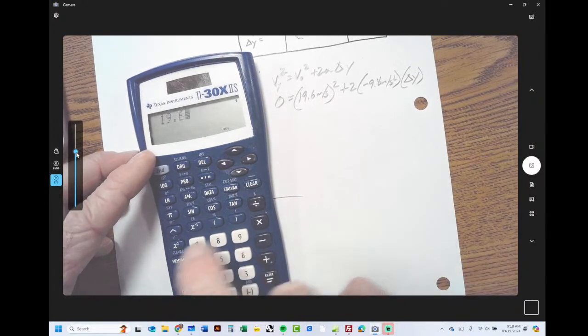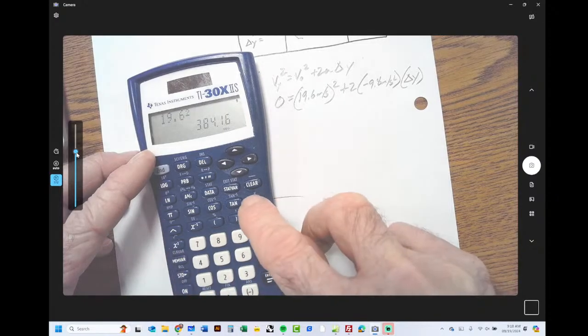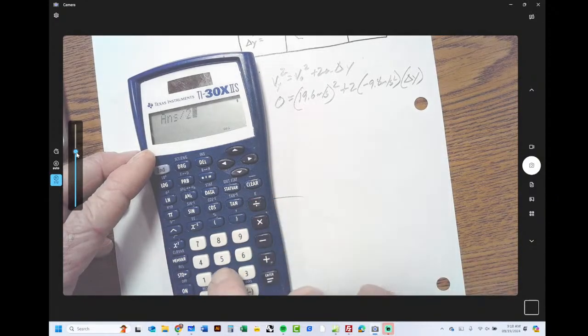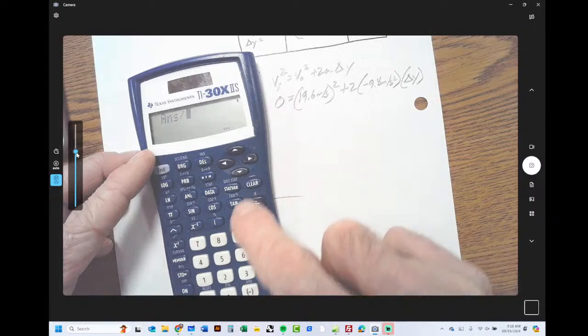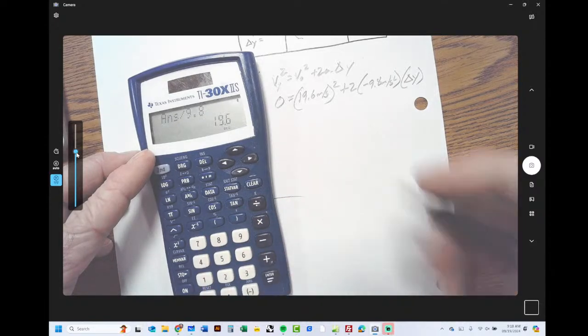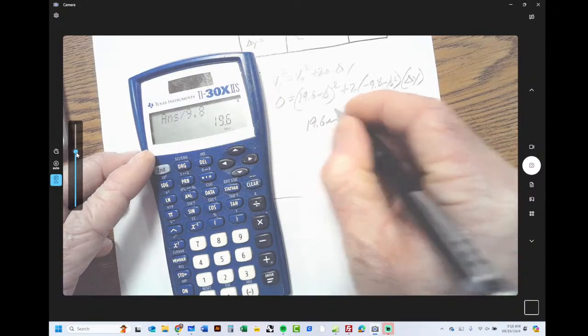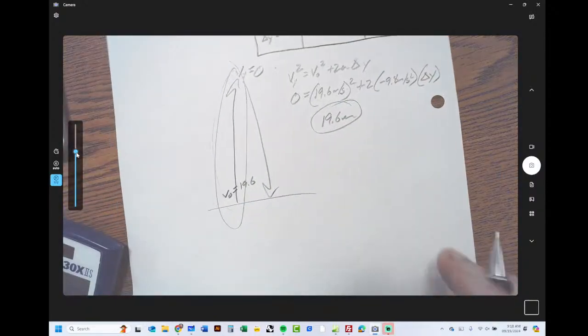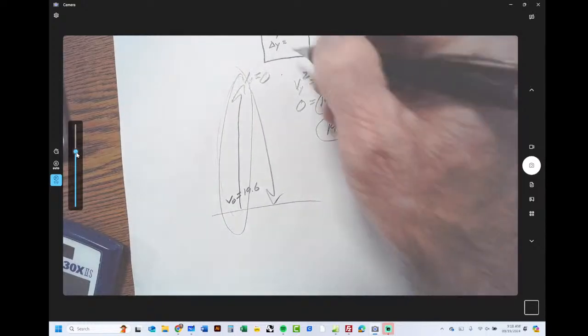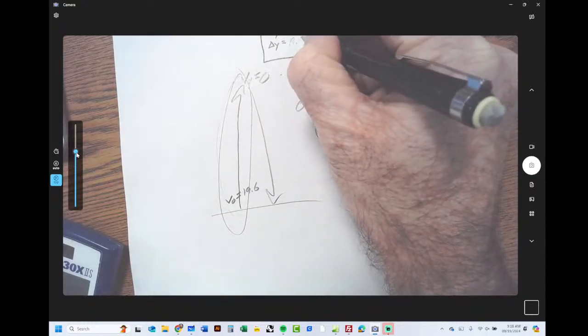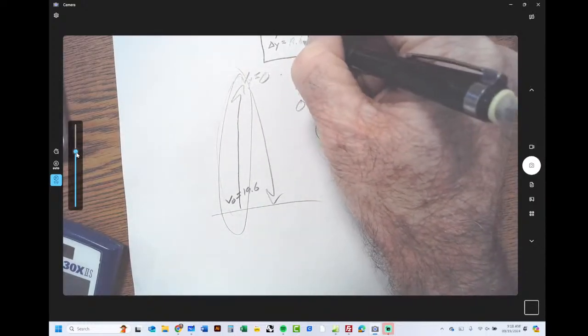I use my phone all the time for this stuff. Divided by 2 divided by 9.8. And I get 19.6. Yep. So that's how high it goes. So that would be delta y. We could fill in a lot of other stuff, but we've answered the question.